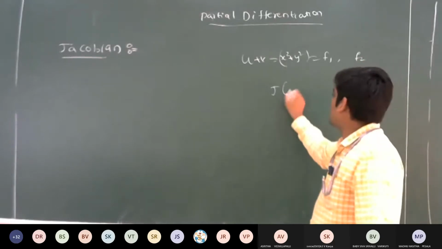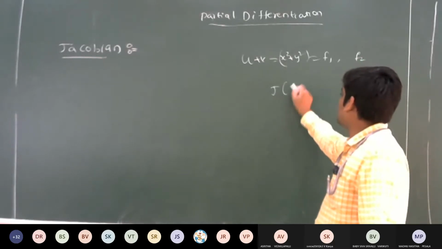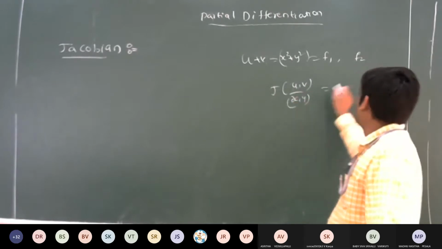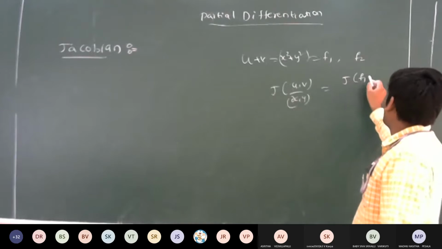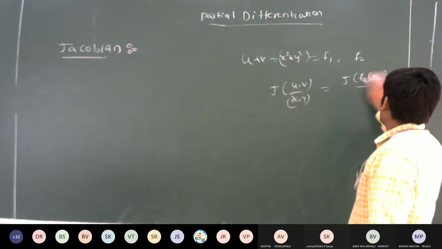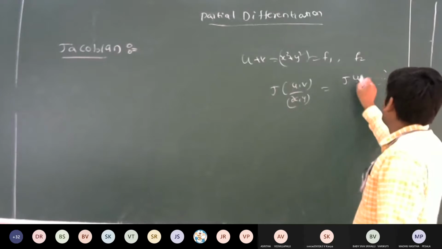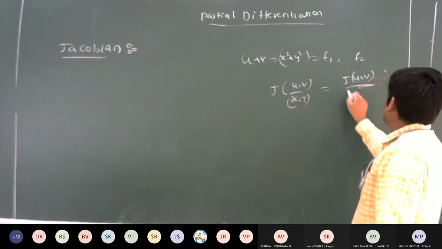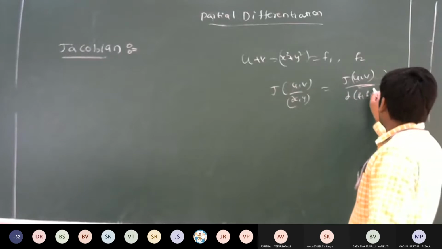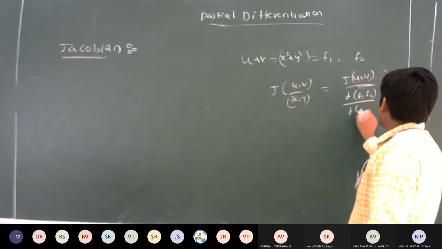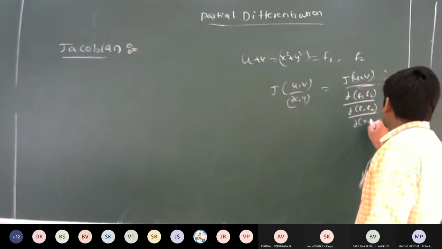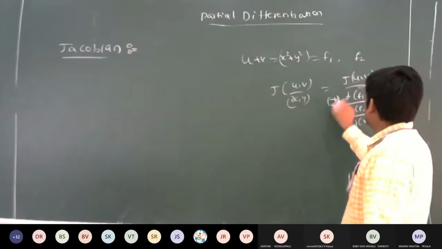So the Jacobian of u comma v by x comma y is equal to the Jacobian of f1 comma f2 by x comma y, divided by the Jacobian of f1 comma f2 by u comma v, with (-1) whole square.